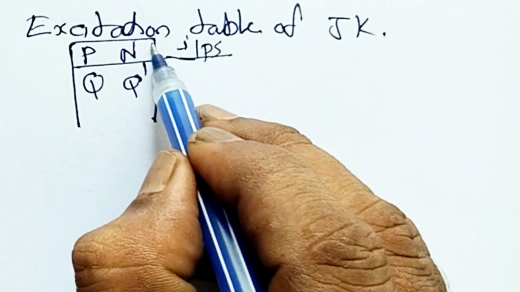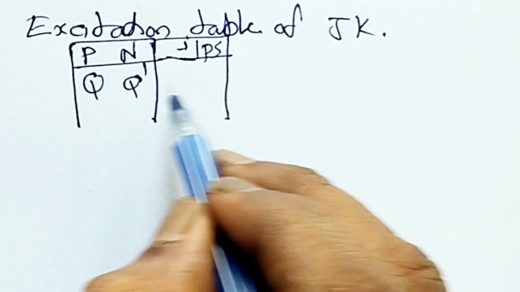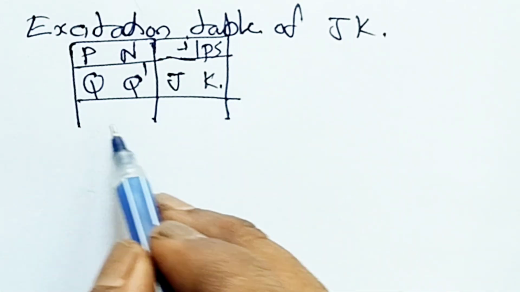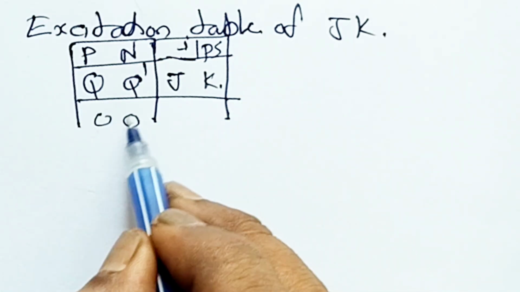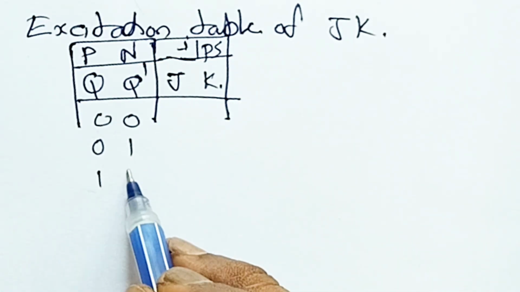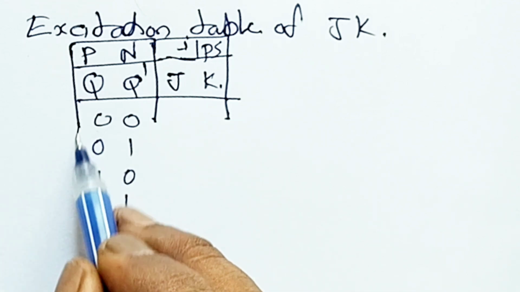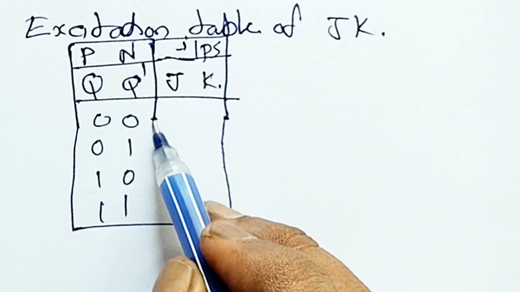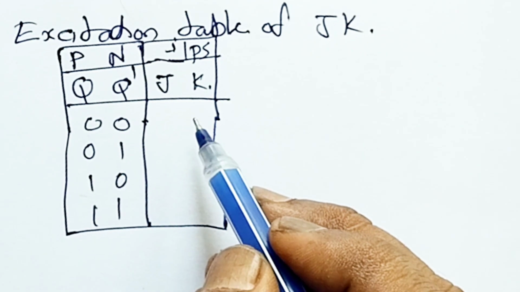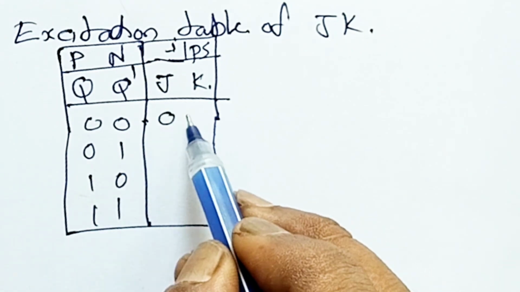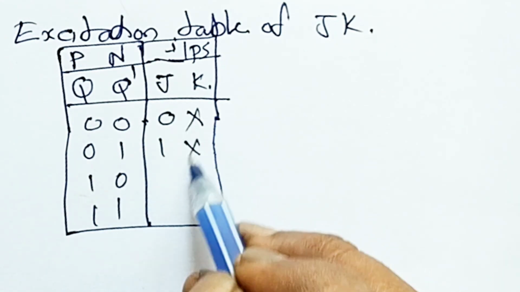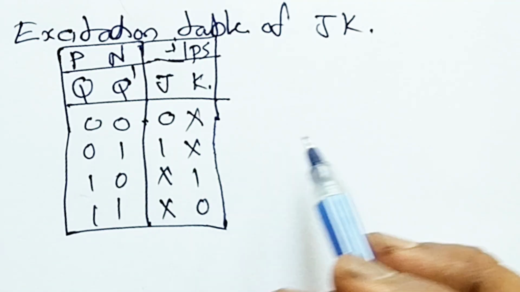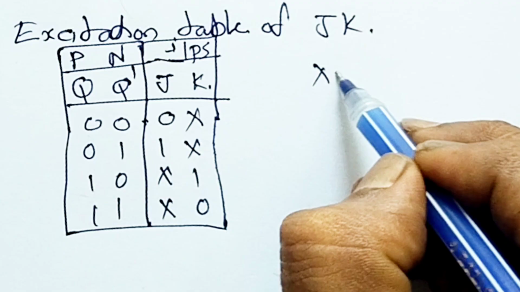The excitation table of JK flip flop is given over here. Actually, this is present state and next state. Listen, here Q dash is not indicating Q complement, but it is indicating next state. If the present state is 0 and next state is 0, what will happen? Likewise, with Q and Q dash, we will be having 4 combinations, that is 2 raised to 2 equal to 4.